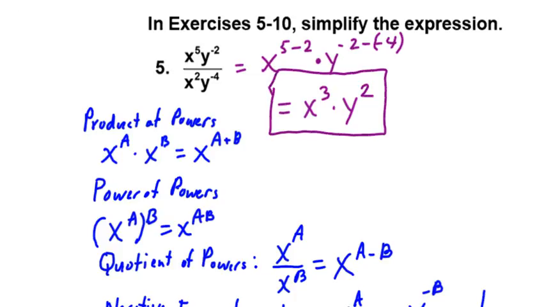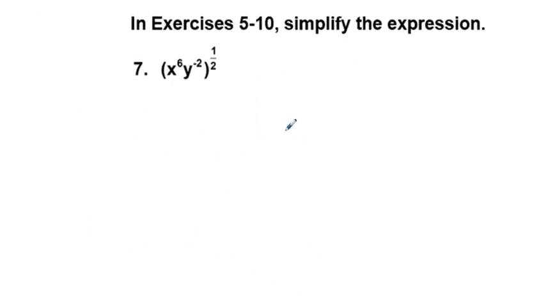Next odd number problem, which is 7. In exercises 5 through 10, simplify the expression. So what we're going to use is the power of a power and take 6 times 1/2 and negative 2 times 1/2. First, I'll say that something to the 1/2 power is equal to the square root of that thing.